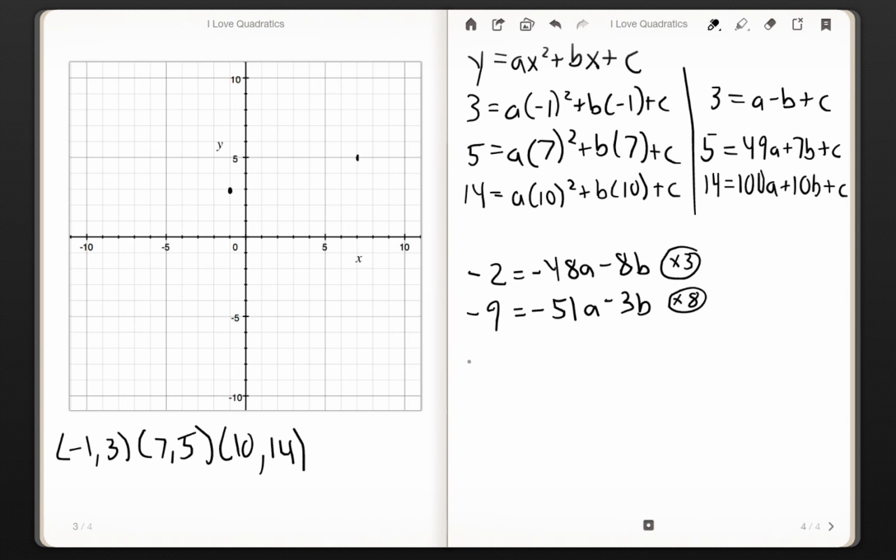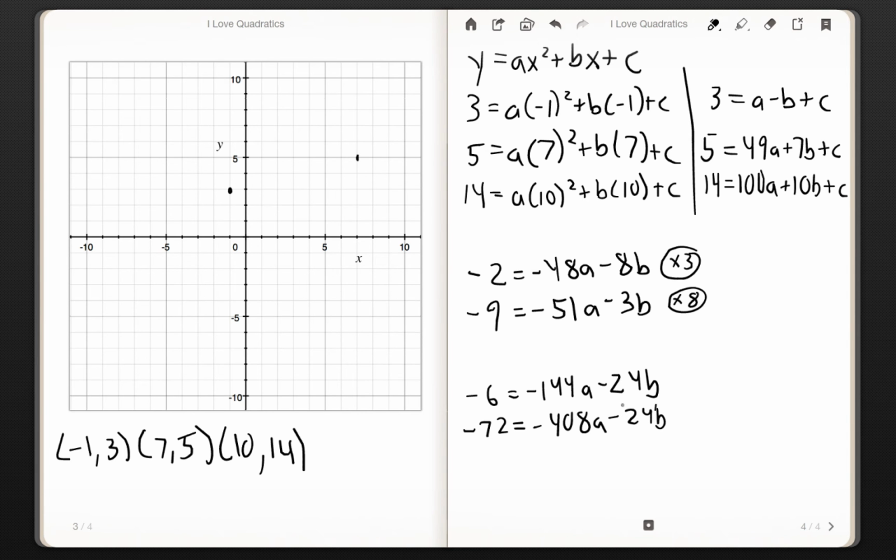And we will get that for the first equation, and multiplying that times 8, negative 51 times 8, that's going to be negative 408.